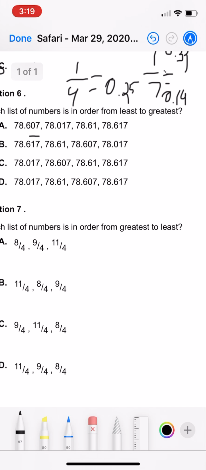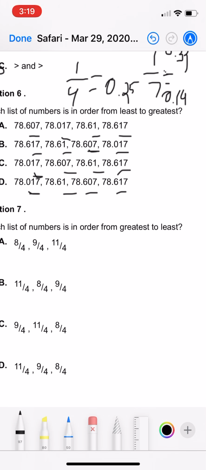All of them have 607. 0.017, 0.61, and 0.617.